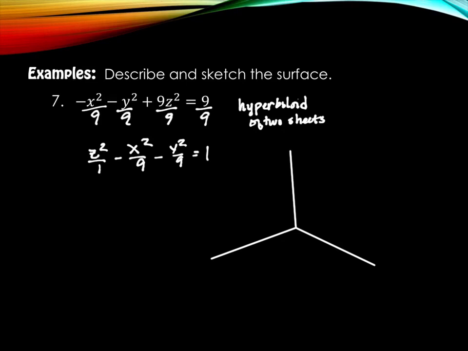So our shape is opening around the z-axis. So here's my z, x, and y, and we have this sort of bowl shape. Oh my goodness, it's maybe worse than the last one I did. Okay.